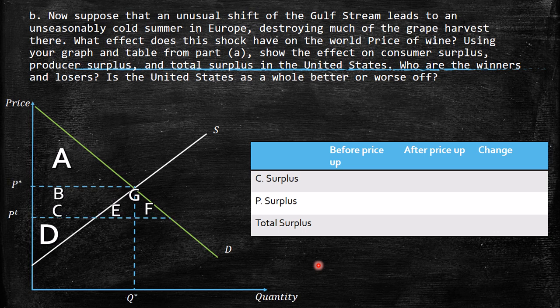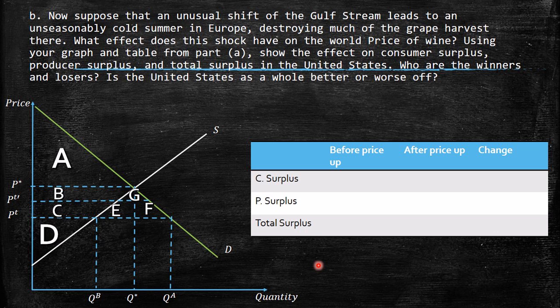This was P star. Remember there was a PT, which was the world price before the problem in the weather. This was QB, the quantity produced by the domestic producers, and QA was the demand from the United States, and this difference was the imports.